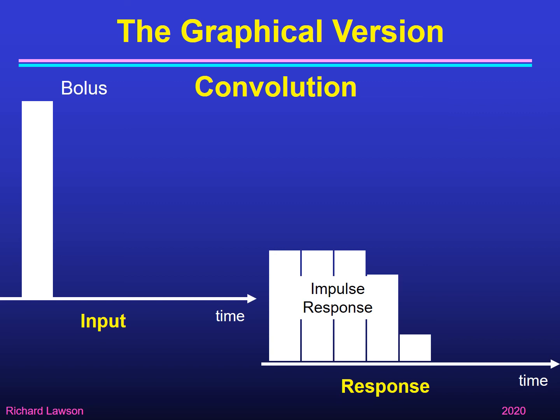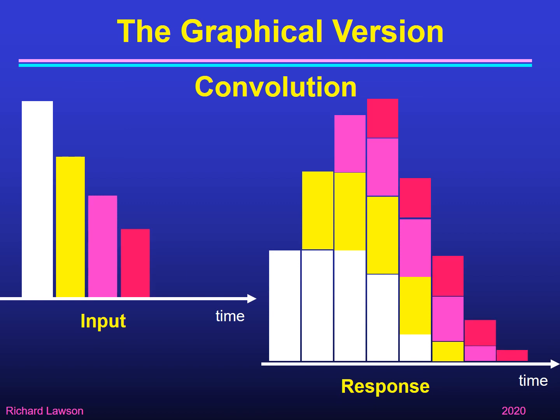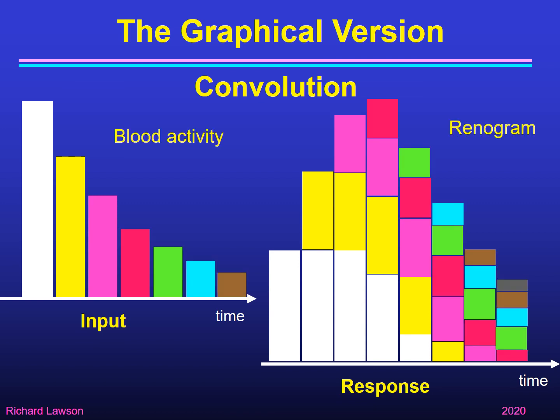So to illustrate that graphically, we can think of convolution as the process of starting off with this perfect bolus input with a known response consisting of uptake and transit and elimination, and gradually build up from that what the response would be to an input that was falling in time, like the blood activity. That gives us the renogram, which is this shape, from the mathematical process of convolution.